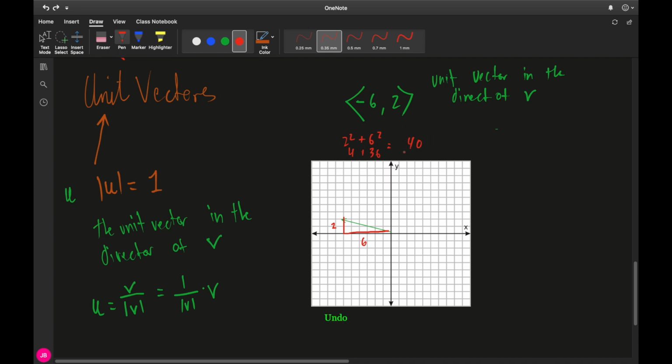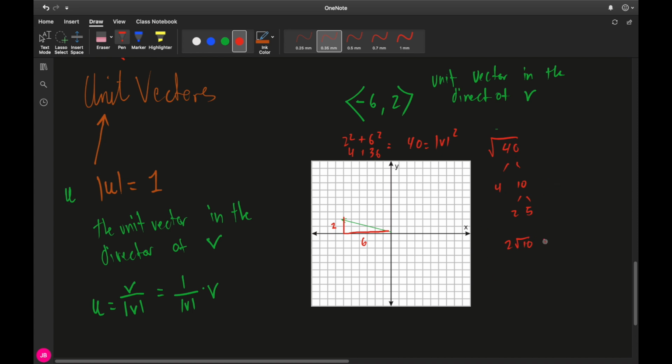Now, to find my v, because this is v squared, I need to go ahead and take the square root of 40. So I'm going to take the square root of 40, which gives me 4 times 10, and this will give me 2 times 5. And so the only thing that I can take out of here is the 4, so it's going to be the square root of 4 times the square root of 10, which is 2 square root of 10.